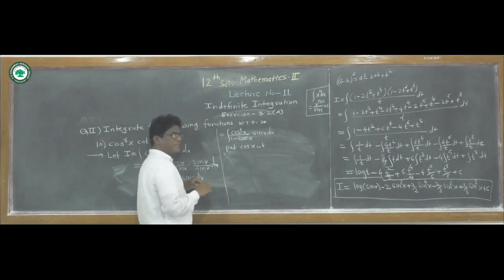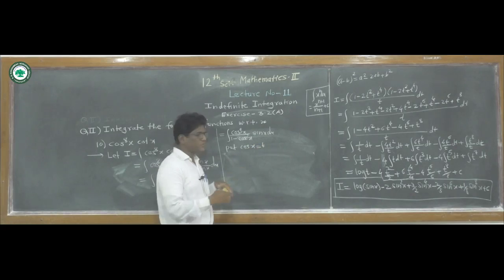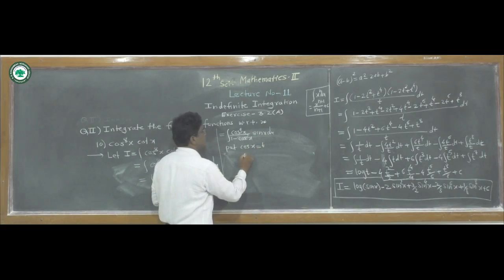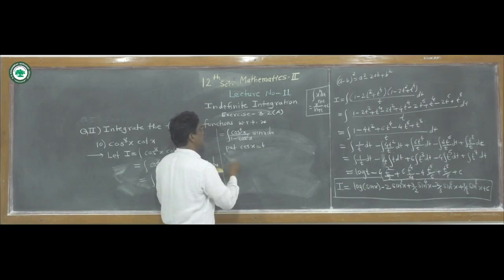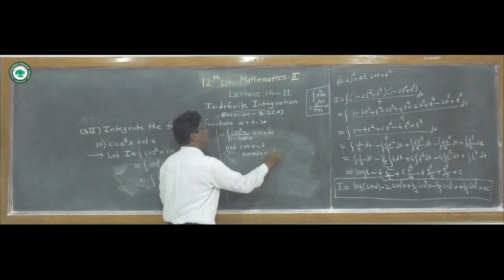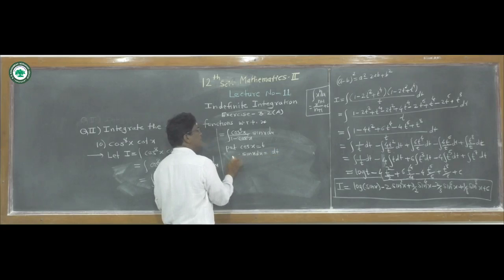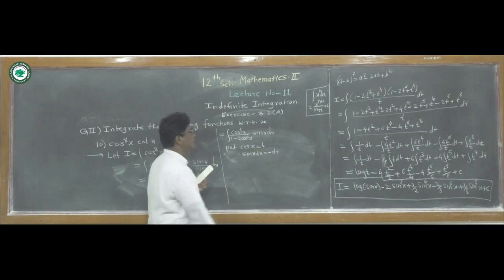We differentiate this equation with respect to x. So derivative of cos x is minus sin x, equal to derivative of t, that is dt upon dx. So sin x dx is equal to dt, but here it is minus sin x, so we carry that minus sign to the right hand side.